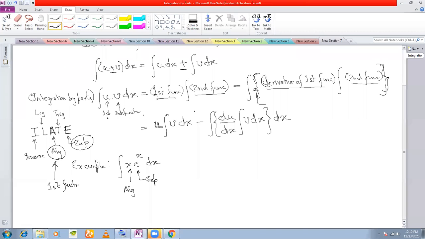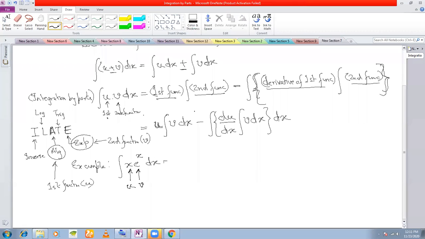That is, you take this as your u and this as your v, right? So because of the ILATE rule, what I'll do here is that I will take my algebraic function, this as my u, as my first function, and this as my second function, v.